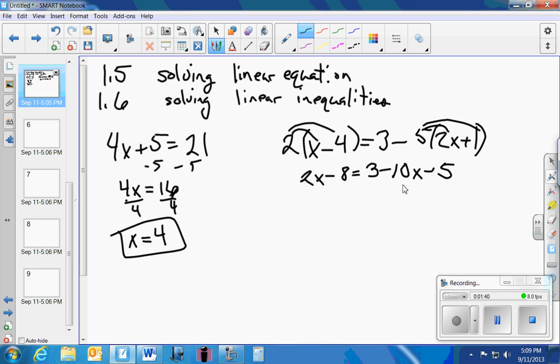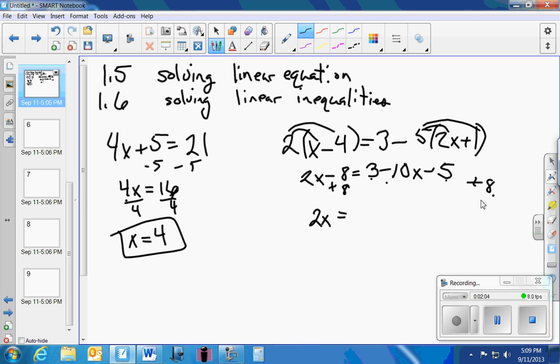I'll get all my numbers on the same side, and then I will get all my x's on the same side. So I'm going to add 8 to both sides. I'm going to write it at the end so that I can just add like terms. And so I'll have 2x equals, and then I'm going to have 3 minus 5, so that gives me negative 2, plus 8.